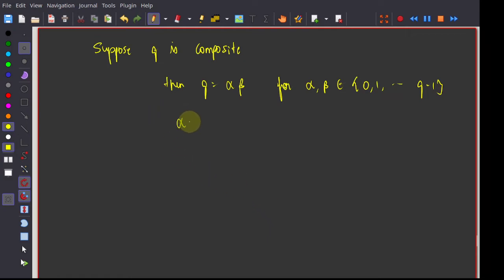Now if you take alpha times alpha inverse to be equal to M times Q plus 1, if you look at this equation, the left hand side is a multiple of alpha, but the right hand side is M times alpha times beta plus 1. So the right hand side can never be a multiple of alpha. Alpha cannot divide the right hand side, but alpha will divide the left hand side. So alpha does not have an inverse.